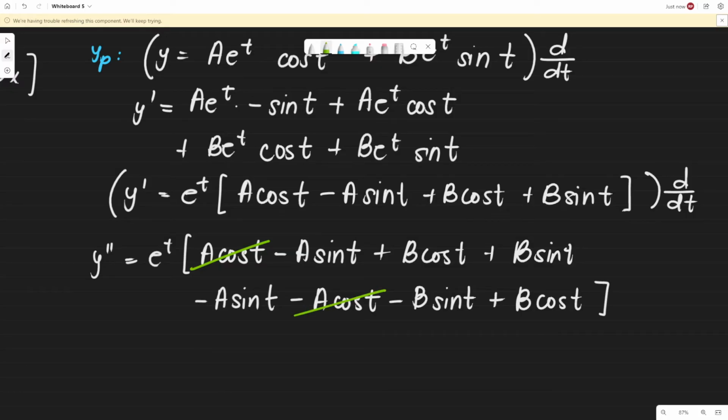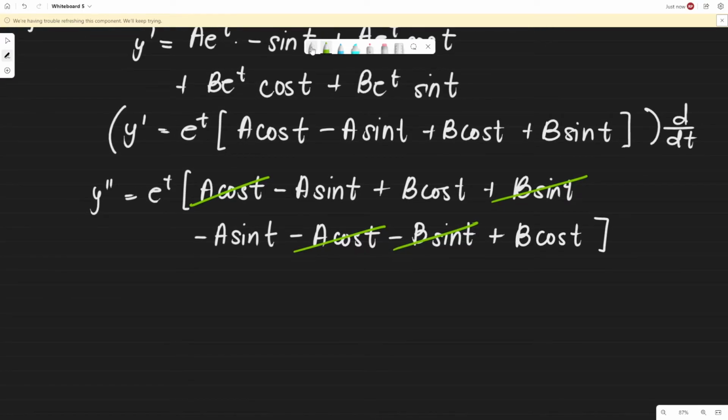Ganun din si b sin t. So simplifying, we have y double prime is equivalent to e raised to t multiplied to a minus a, that is minus 2a, and b plus b is 2b.